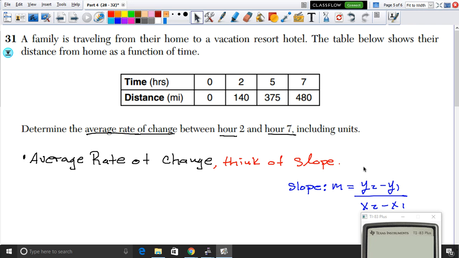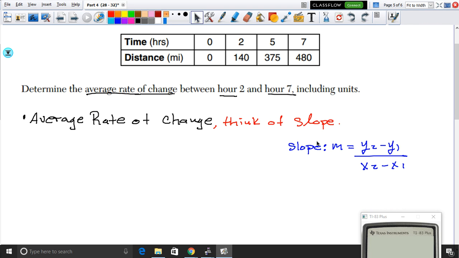Now, it says we need to find the average rate of change between hour 2 and hour 7. So we can get the coordinate points that are needed for our slope function from the table. Again, if you want to find the slope, you need 2 points. Our first point is what happens when the hour is 2.